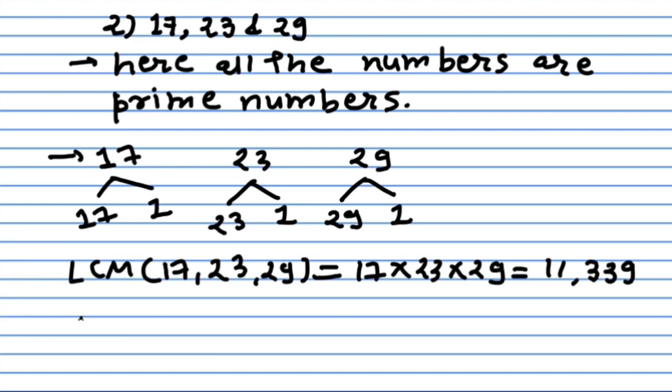And the HCF of the given numbers is 1, because 1 is the common factor between all these three numbers. So this is the solution of the second question. Now moving to the third question.